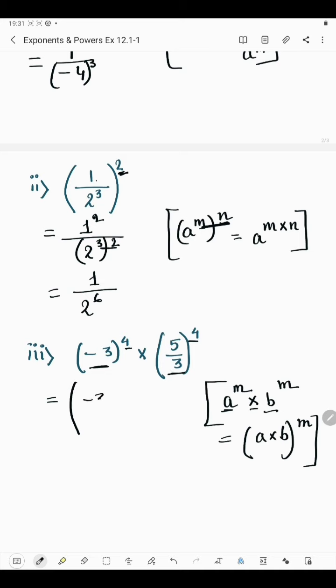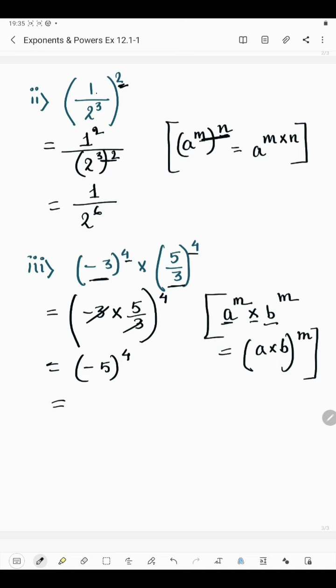So minus 3 multiplied by 5 by 3. Okay, we just multiplied the base at first, and since this 4 is the power of both the number, so we'll write the power here. Now 3 cancel, so it's minus 5 to the power 4.